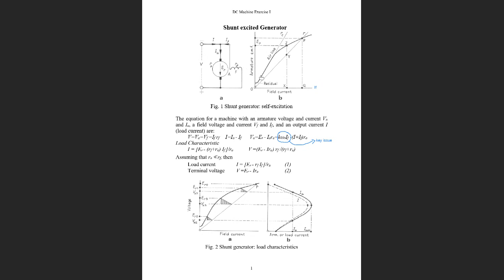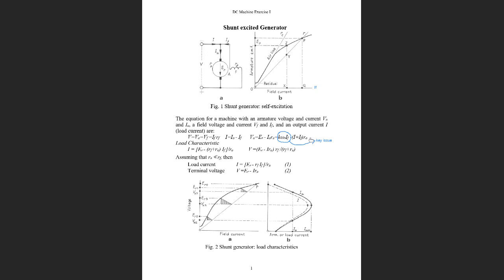And this is this curve. The armature current is the sum of the loading current plus the field current, so the armature current is the maximum one. Then the armature resistance.